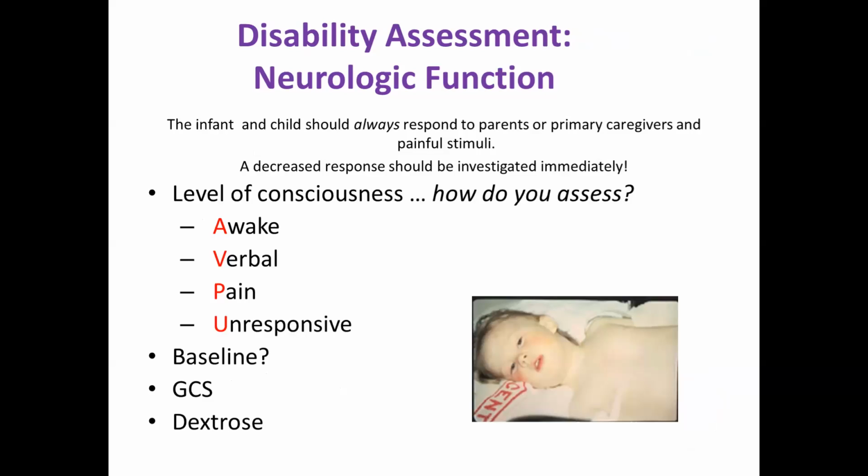If this is a child that is developmentally delayed, we need to know the baseline. We utilize the Glasgow Coma Scale, and also don't forget to assess the dextrose, especially in younger kids, because hypoglycemia can manifest in younger infants, or infants that have some metabolic and endocrine condition can manifest with an altered level of consciousness.